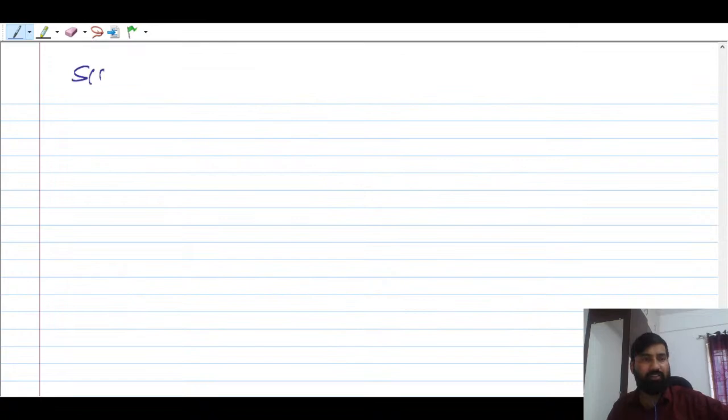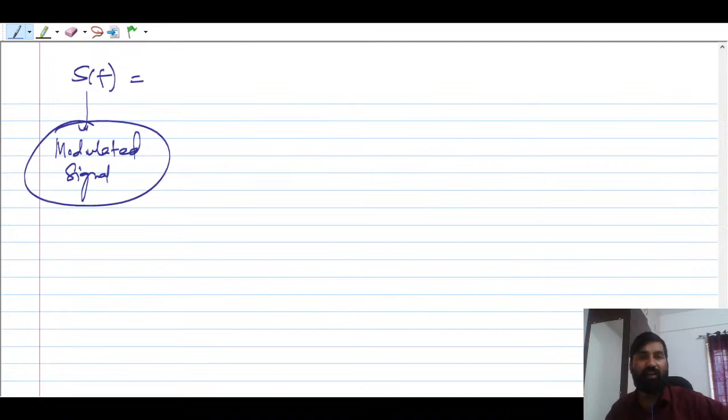Suppose s(t) is there. s(t) we consider is nothing but the modulated signal. Before we transmit the actual signal m(t), we need to put some flavor on m(t). We need to prepare that m(t) so that it can be transmitted successfully. I hope this makes sense to you.